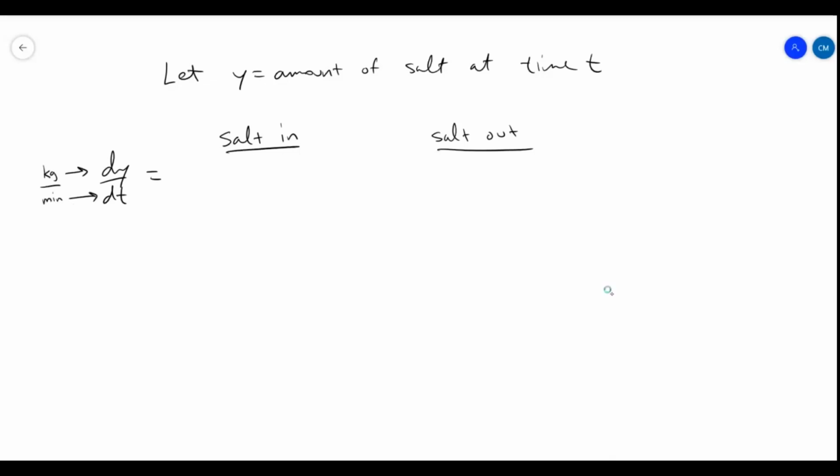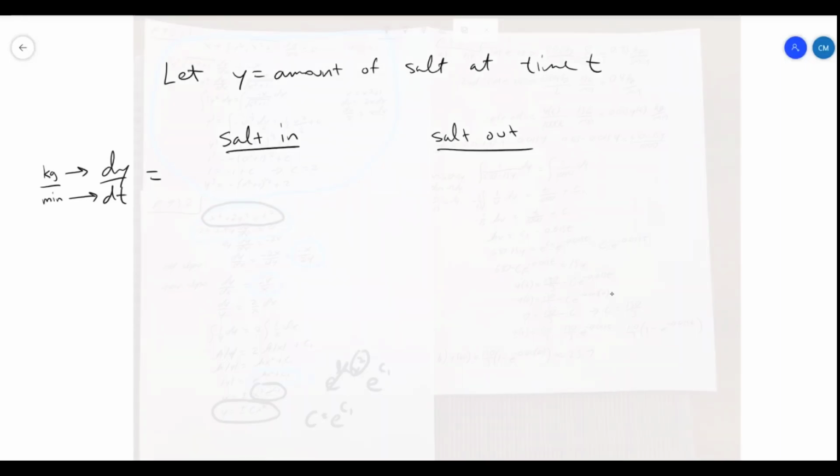When you're trying to think about what is going to go here, just make sure that it ends up being kilograms per minute after everything else cancels out. There are two different amounts going in, right? The units, notice, are kilograms per liter. And then you have the rate, liters per minute. Kilograms per liter times liters per minute. Think about what that might be and go from there.